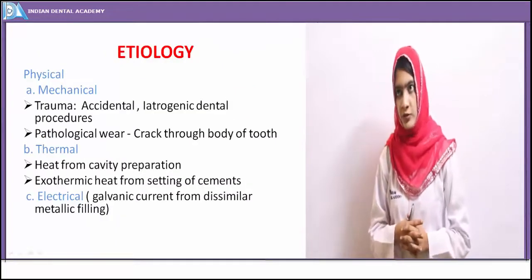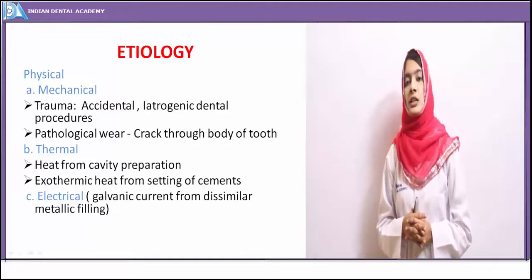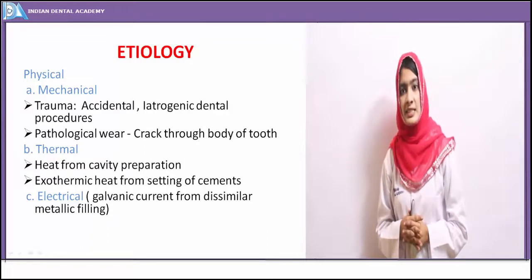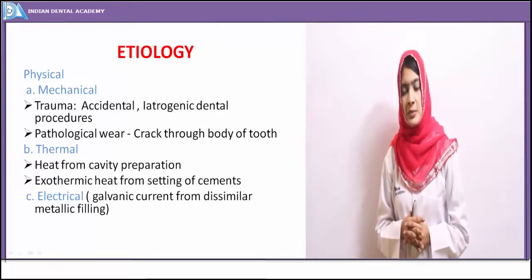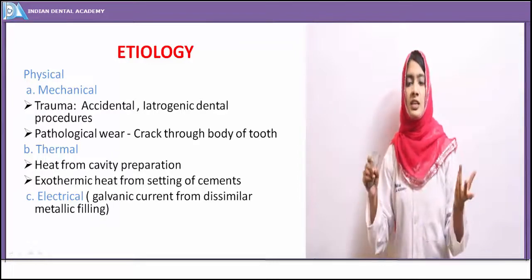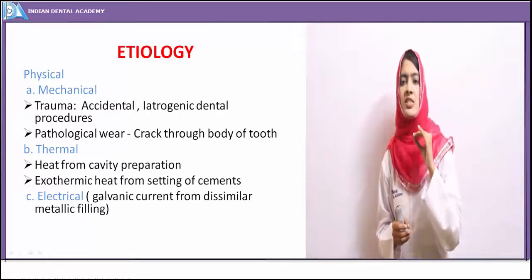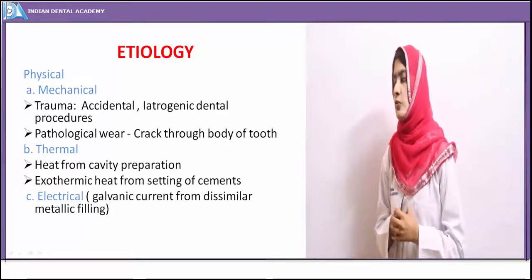So there are a lot of etiological factors responsible for causing pulpal inflammation. There will be mechanical trauma in the form of accidental exposure or iatrogenic exposure during any dental procedure. If the remaining dentin thickness is very less when you are carrying out a restorative procedure, it may lead to iatrogenic exposure of pulp.